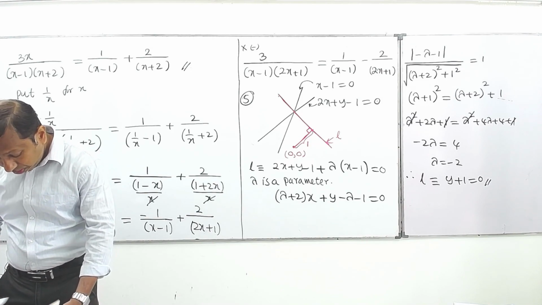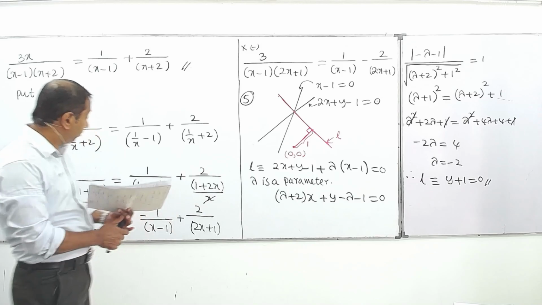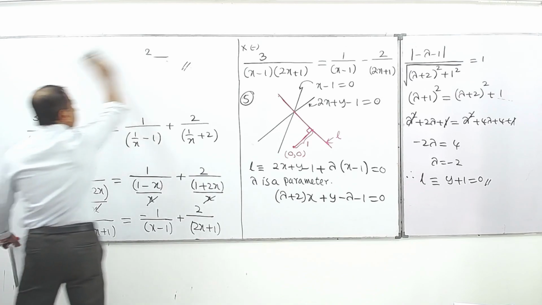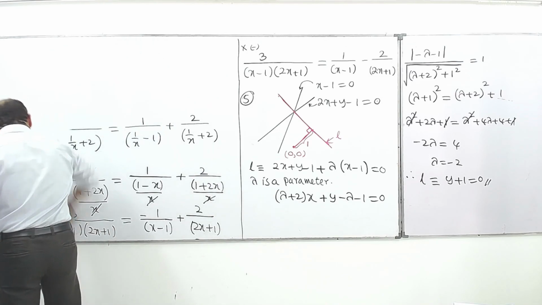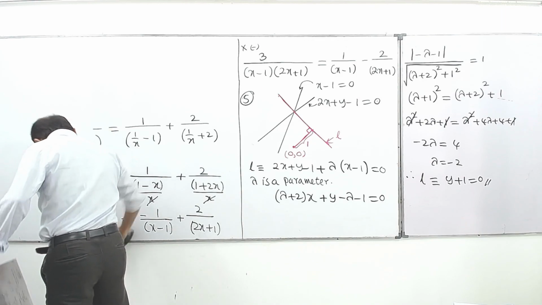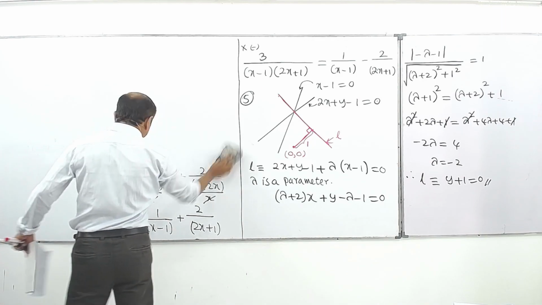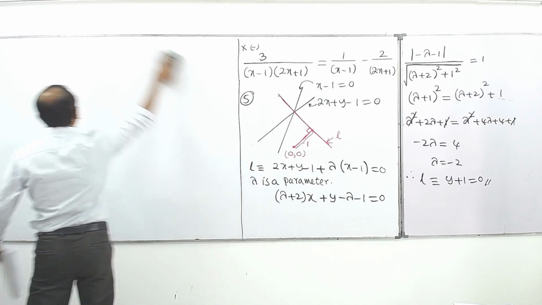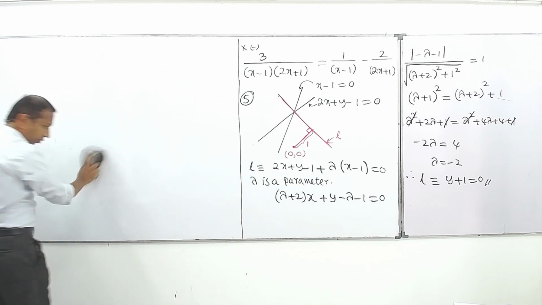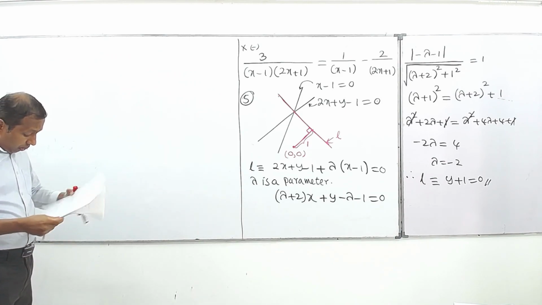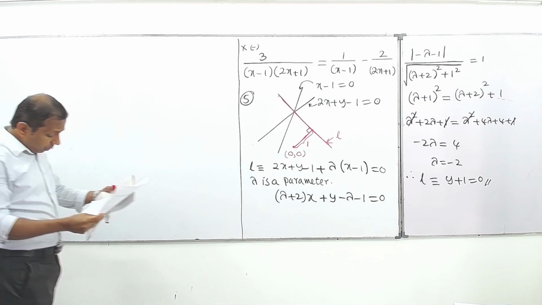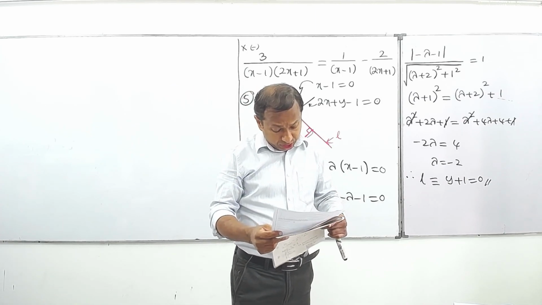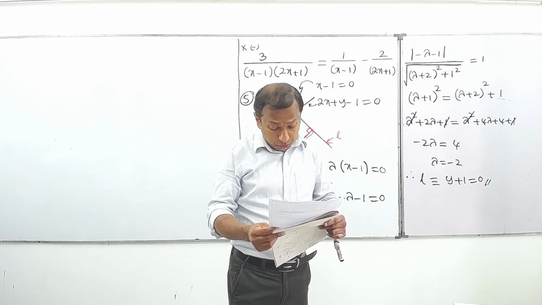Number 6. Question number 6. Point A is at a height 3h vertically above a point O on the ground.